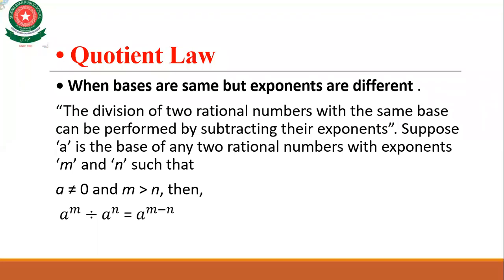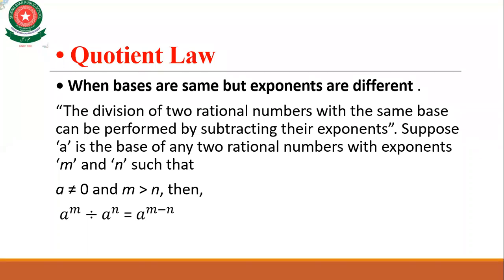It means that we just subtract the exponents of the base. Suppose A is the base of any two rational numbers with the exponents m and n such that A is not equal to 0 and m greater than n, then A power m divided by A power n is equal to A power m minus n.